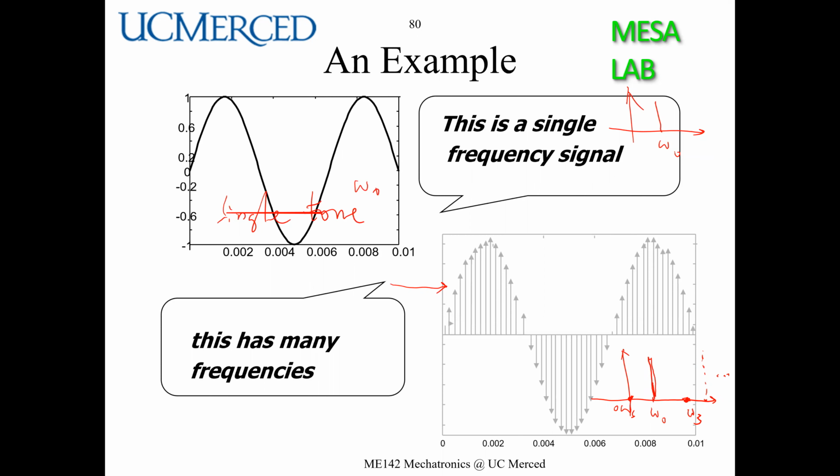This is omega s plus omega 0. Okay. So you need to shift. This shifting distance is omega s. Make sense? Sorry, I apologize. This is not omega 0. This is omega s. Okay. So basically you shift by omega s. Then you shift omega s again, so you can keep going. Okay.